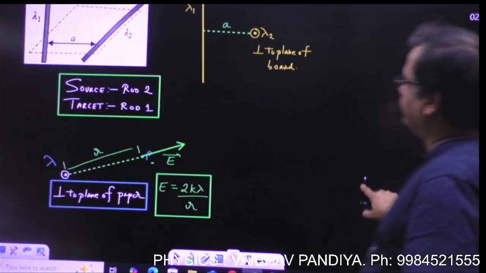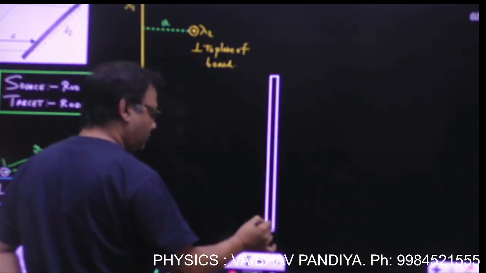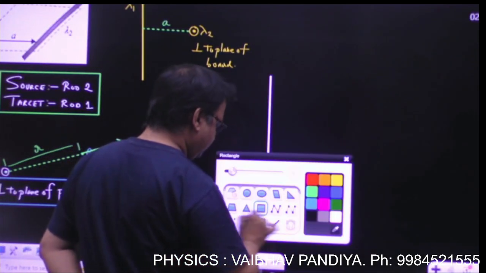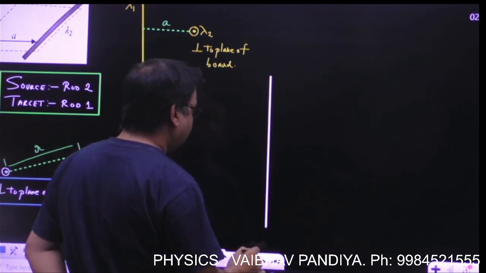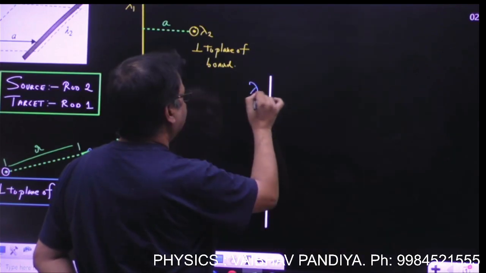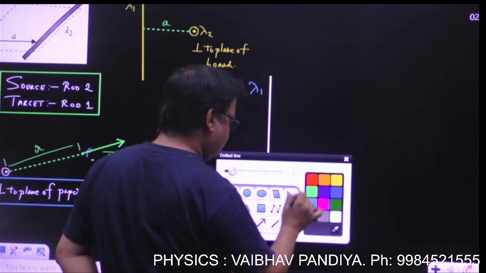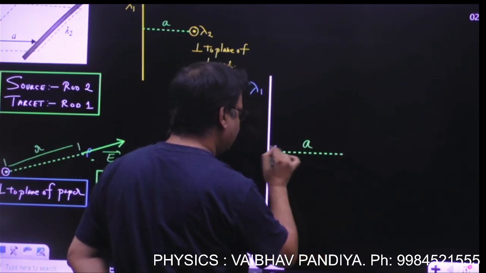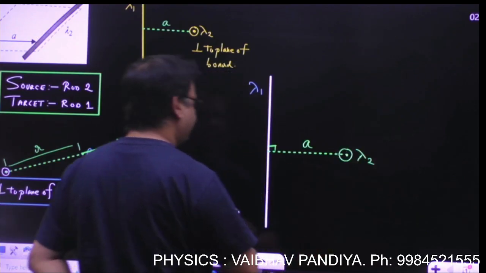So say this is your rod, which has a density lambda 1, which will be treated as the target, and this is your another rod at a distance of a with a density lambda 2, which will be treated as the source.